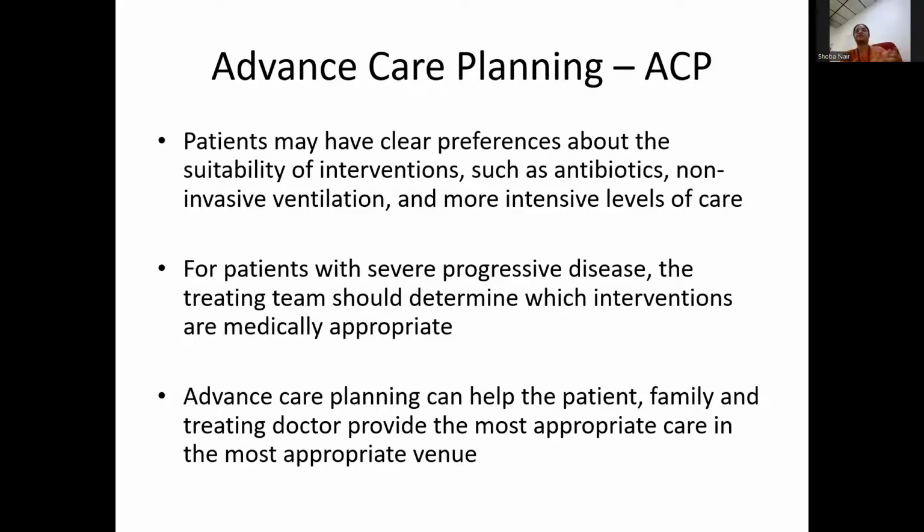For patients with severe progressive disease, the treating team should determine which interventions are medically appropriate. So even though we have the capacity or the legality to decide that this treatment is futile and I'm not going to put the patient on a ventilator, still we discuss with the patient's relatives.